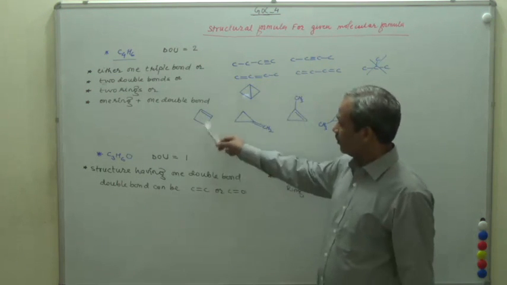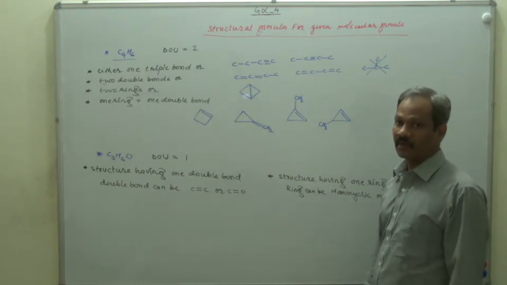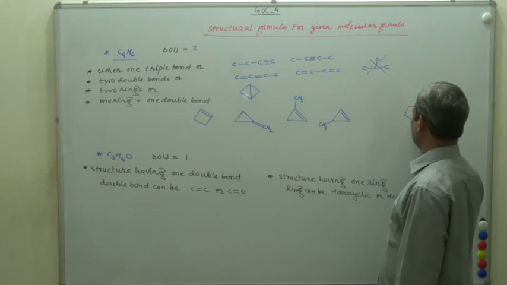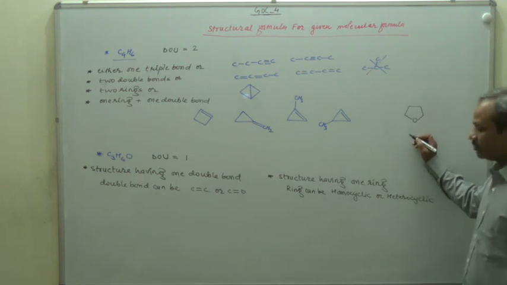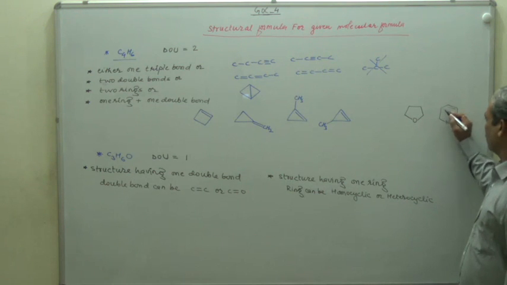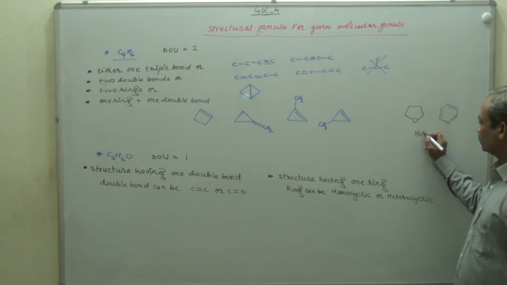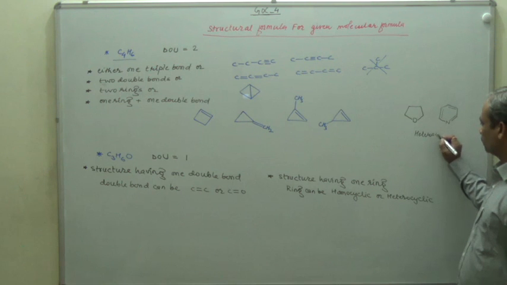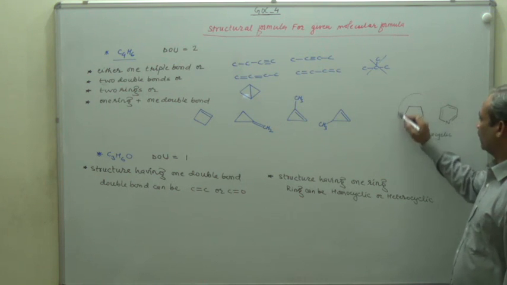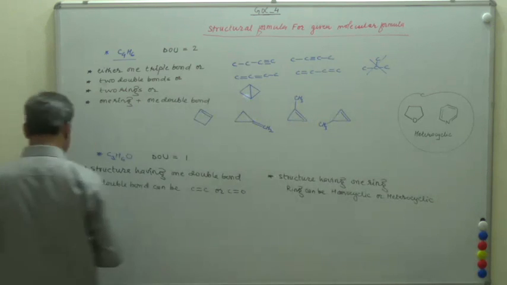Like in all these cyclic compounds, the ring is a homocyclic ring. All are homocyclic organic compounds. When one of the atoms of the ring is other than carbon, such compounds are called heterocyclic compounds. So this is a heterocyclic compound. These are heterocyclic compounds.